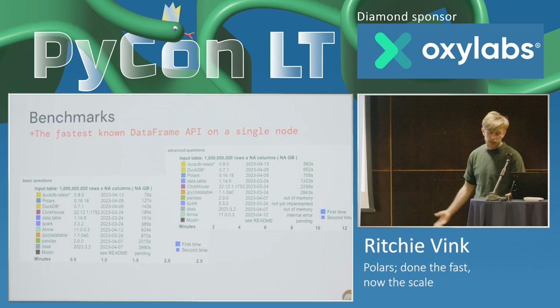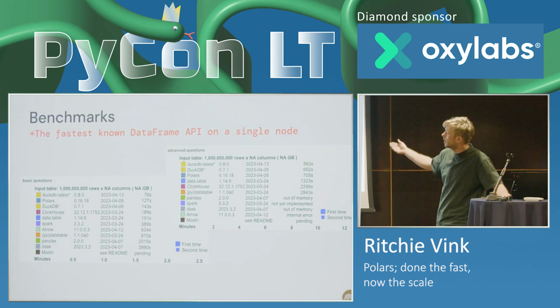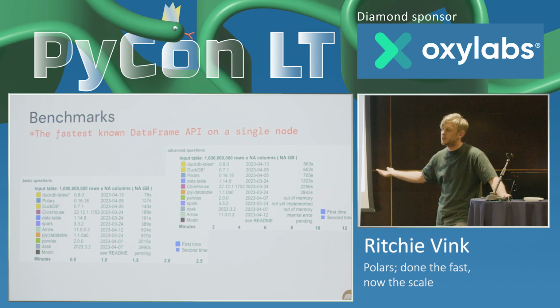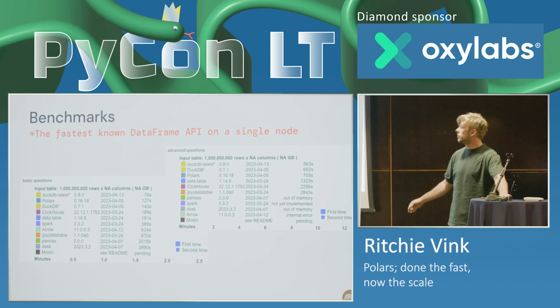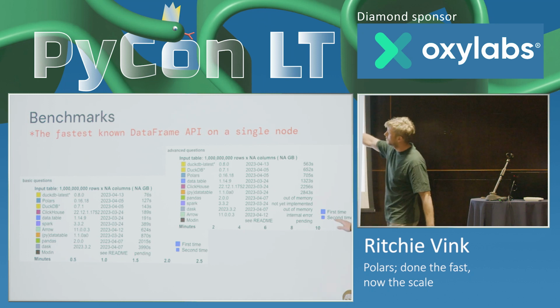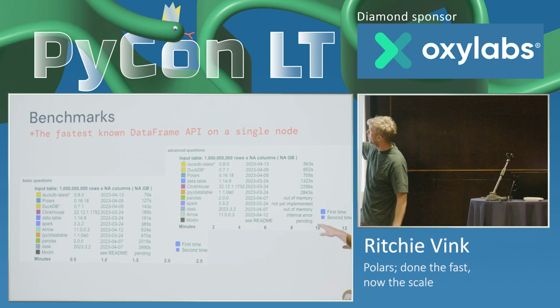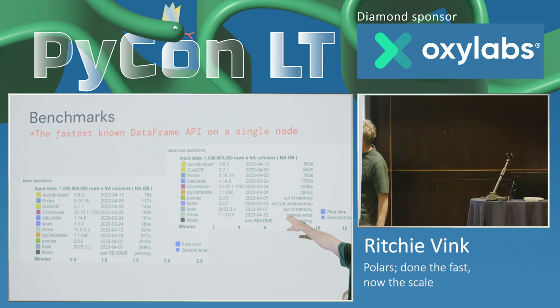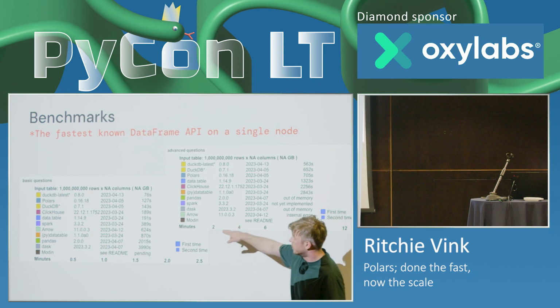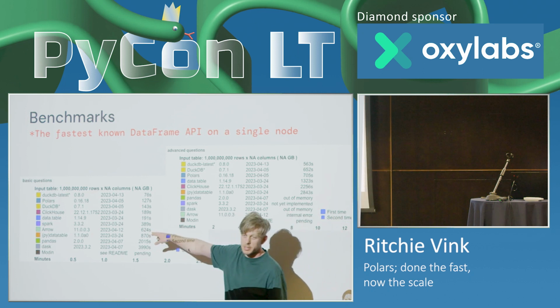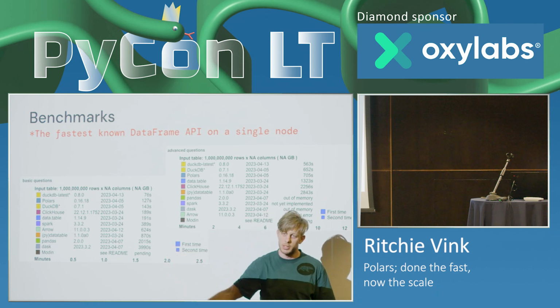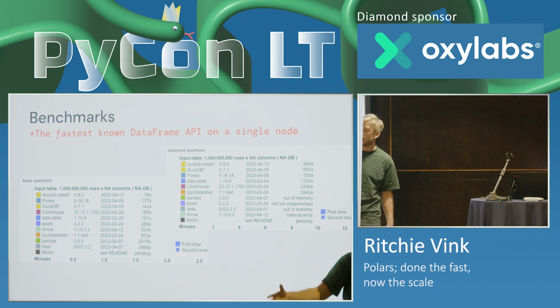Here's another benchmark. This is a benchmark run by DuckDB. It runs the latest DuckDB, but not the latest Polars, so a few of our optimizations are not in there. What's interesting here is that you also see other data frame implementations like Spark, also Pandas 2.0, and also Arrow. And Arrow is interesting because this is where Pandas will go in the future. This is the C++ Arrow backend.